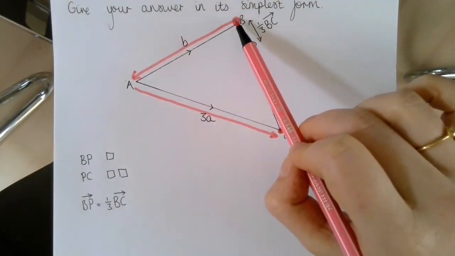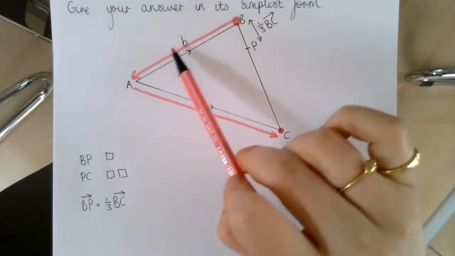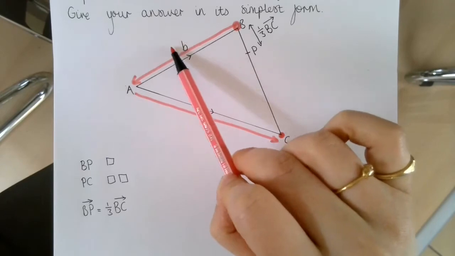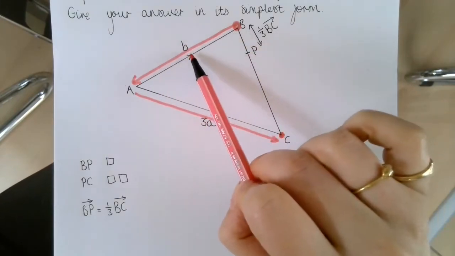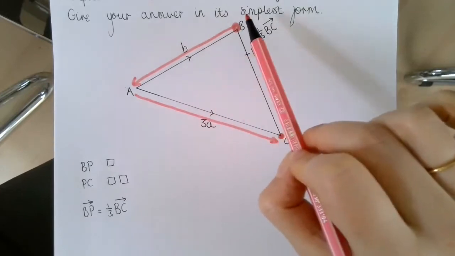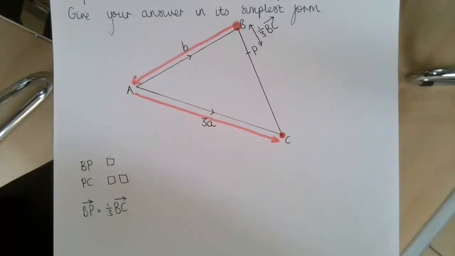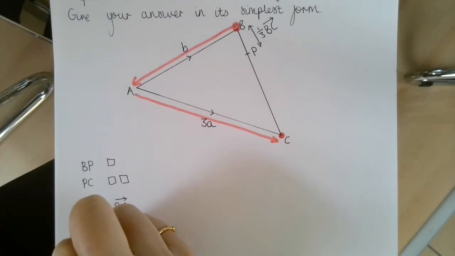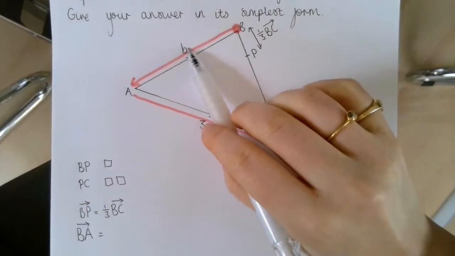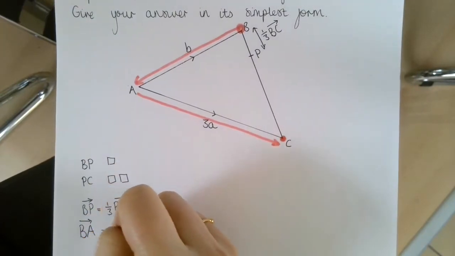Now you can see here, when I go from B to A, I'm actually going in the opposite direction of that vector AB. So the vector AB is equal to positive b, but the vector BA, that is the opposite direction, so that's going to be negative b.